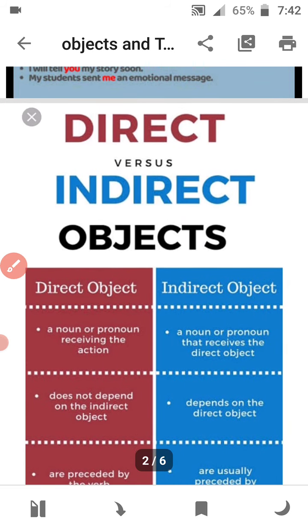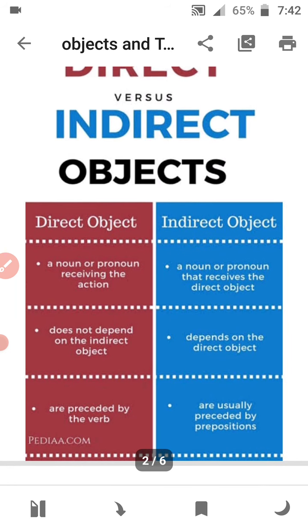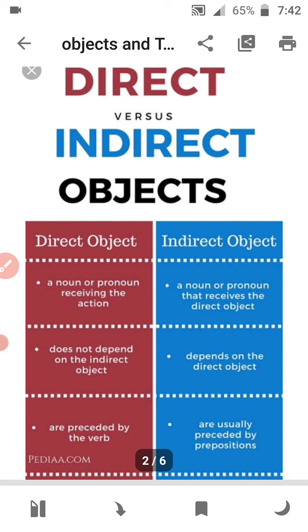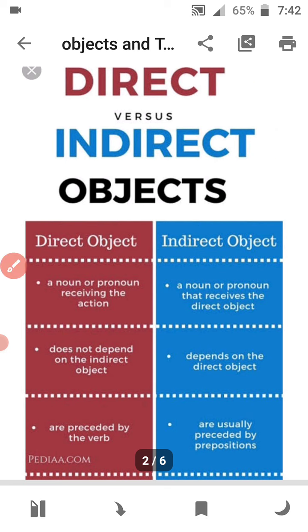After that, see here, I have given you the table so that you can get it easily. Direct versus indirect, it is a table to distinguish between the two types. See, in the direct object, a noun or a pronoun is receiving the action.